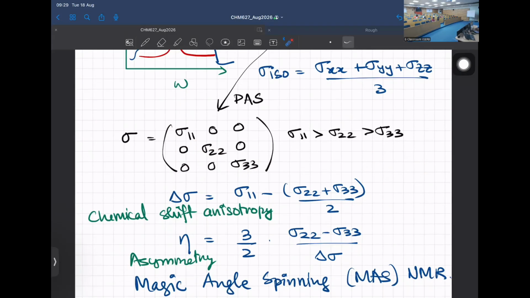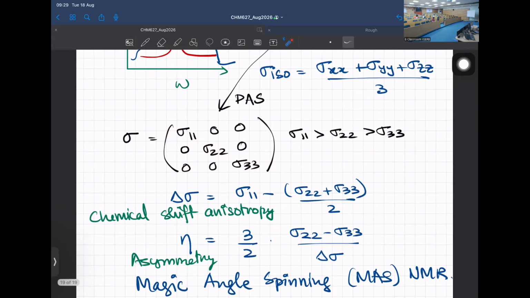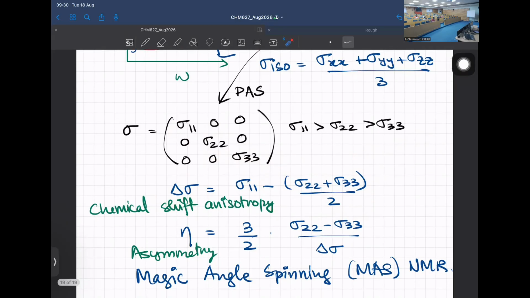On the other hand, take an example such as HF, where the fluorine pulls quite a bit of the electron cloud towards itself. The anisotropy is going to be significant, where in addition to one major component, it's going to have the other two components as well. The deviation of the other two components from the major component defines anisotropy, sorry.